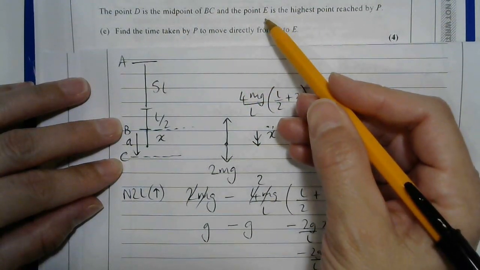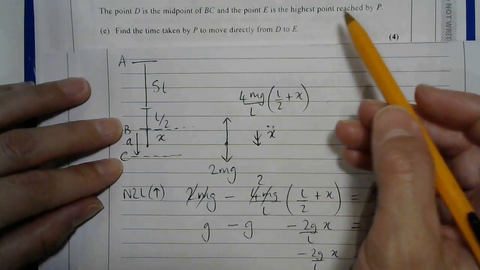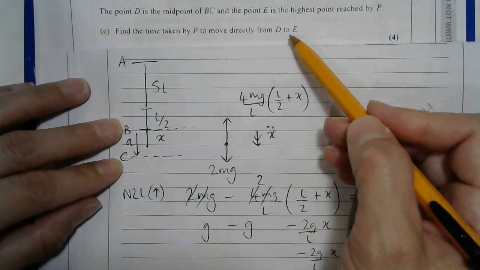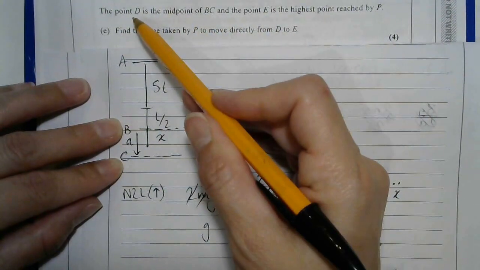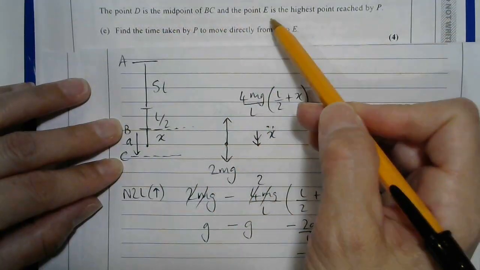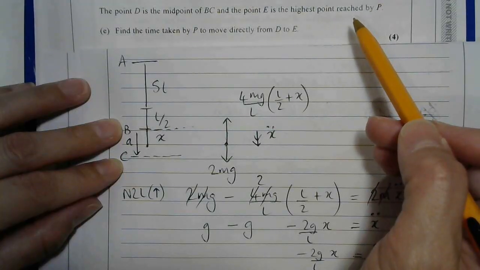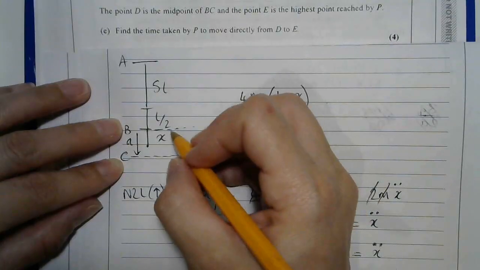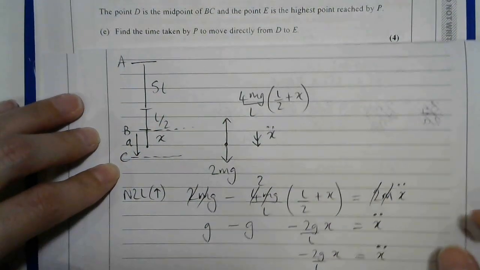And point E is the highest point reached by P. So if we look at the highest point reached by P, it is going to be when it reaches the top of its amplitude.